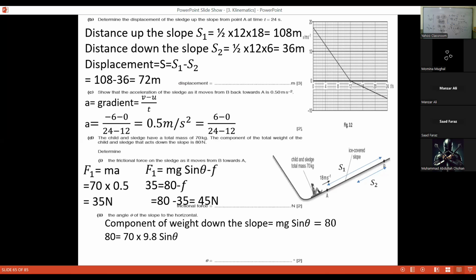Simplify for sin theta: 80 divided by 70 times 9.81. Theta will be equal to sine inverse. And we get the answer for the angle as 6.7 degrees. So, अगर हम question को जरा simplify करें तो we can find out the answers clearly, but we have to read the questions carefully.